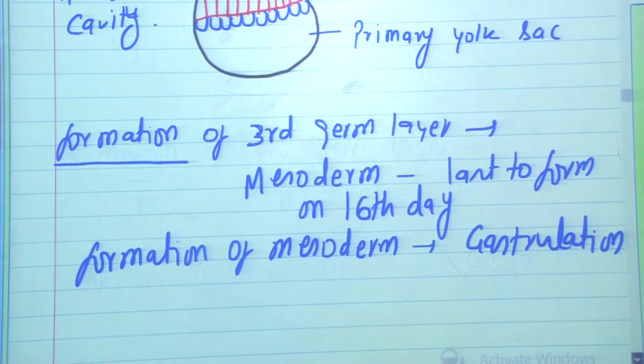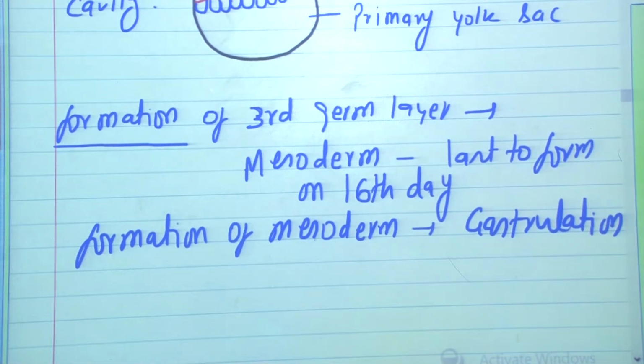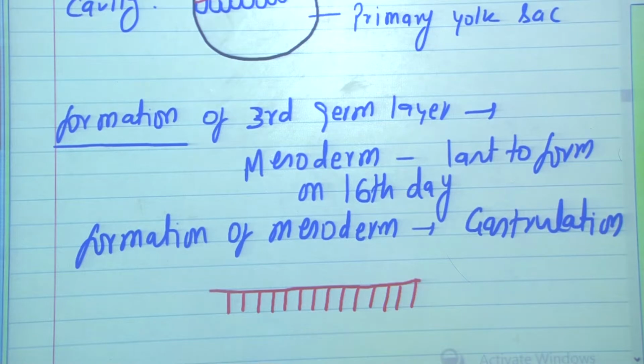I am making two germ layers separately. These are the columnar cells of ectoderm, and inferior to it are the cuboidal cells.